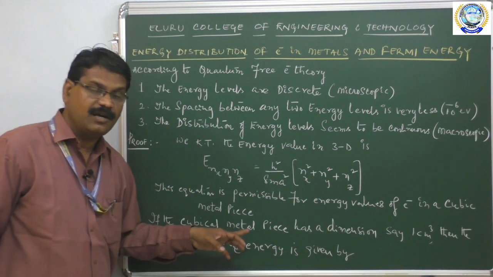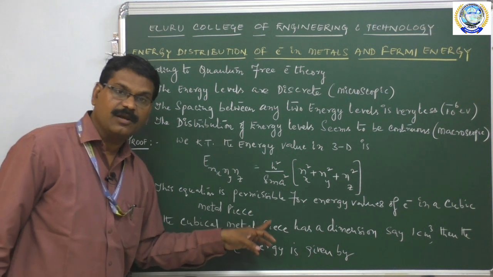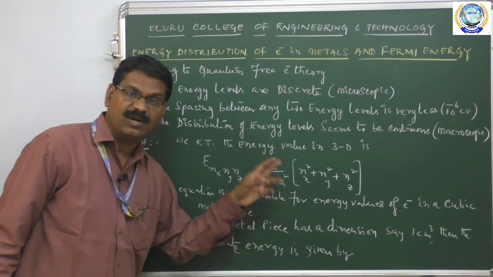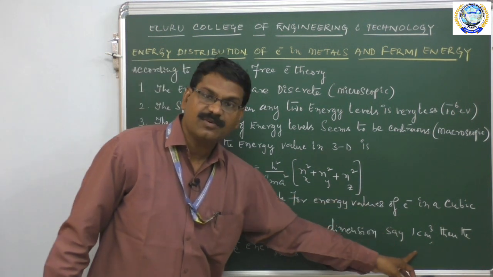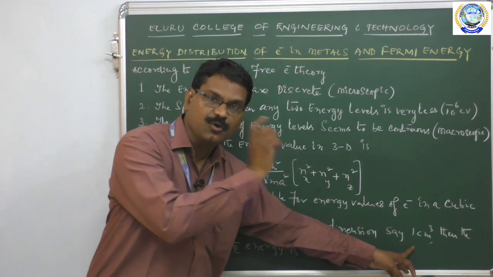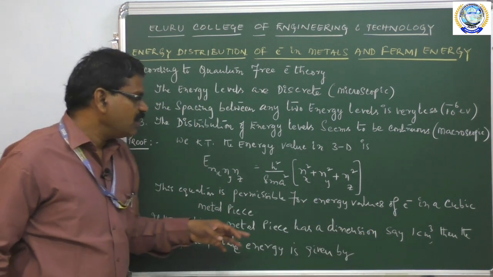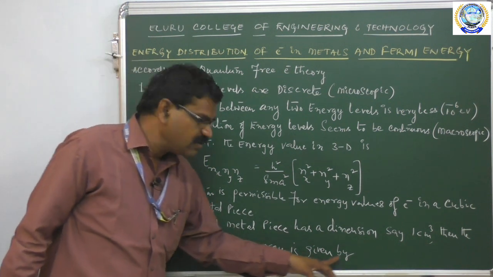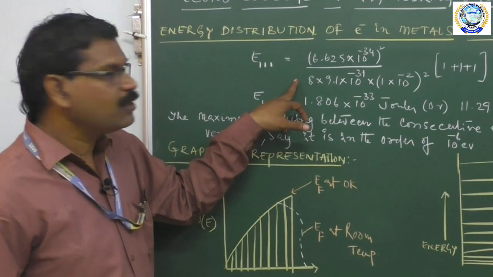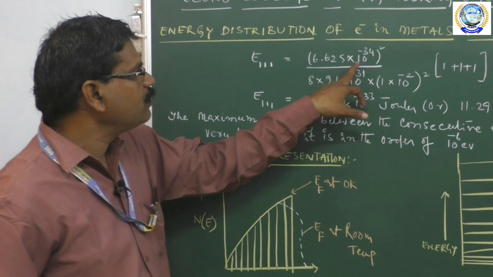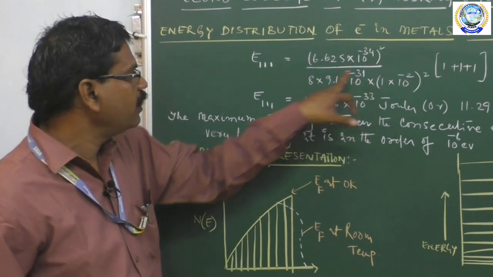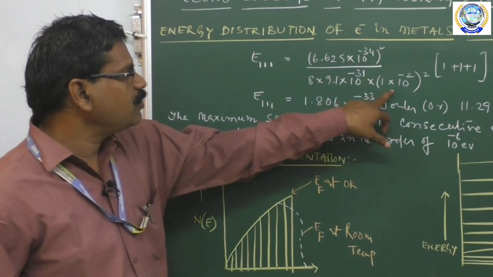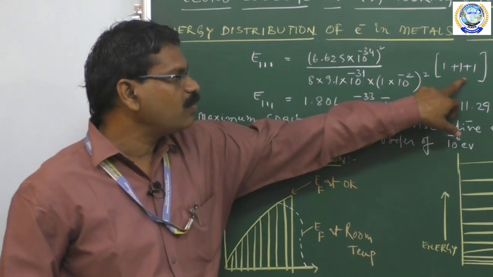The volume is L into B into H, which is 1 centimeter cube. Then we find the energy of the ground state energy level, given by E111 equal to (6.625 into 10 power minus 34) whole square by 8 into 9.1 into 10 power minus 31 into (1 into 10 power minus 2) whole square into (1 plus 1 plus 1).